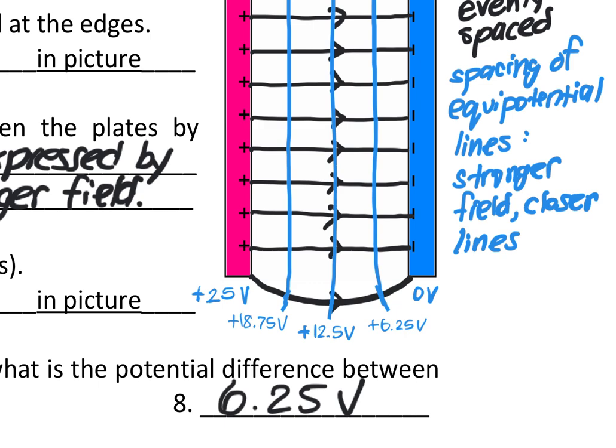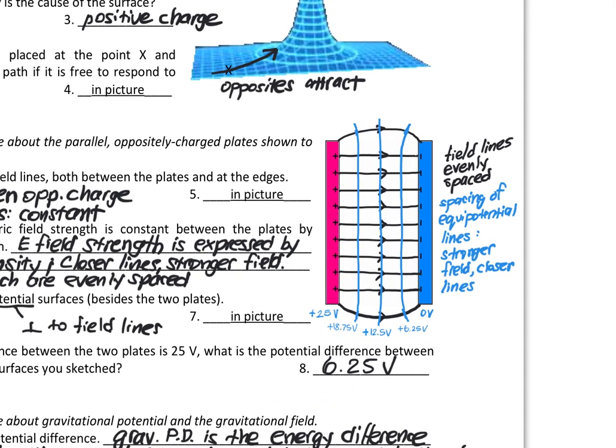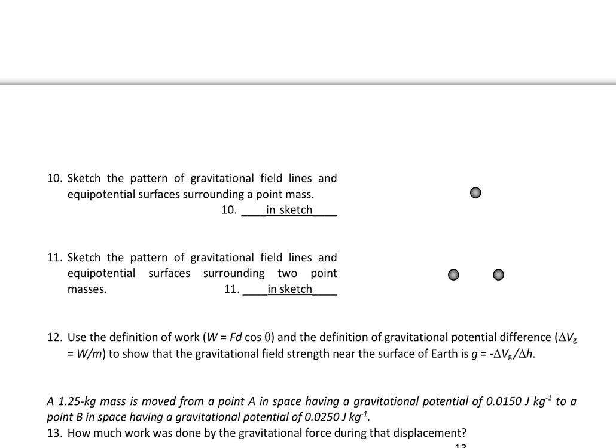Now let's go back to that gravitational field that I was about to draw. Here it wants to sketch the gravitational field lines and the equipotential surfaces that go with those field lines. The field lines would have evenly spaced arrows pointing inward toward the mass. Inward pointing lines. It kind of looks like a snowflake.